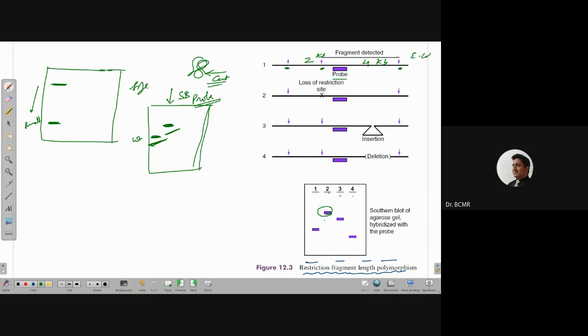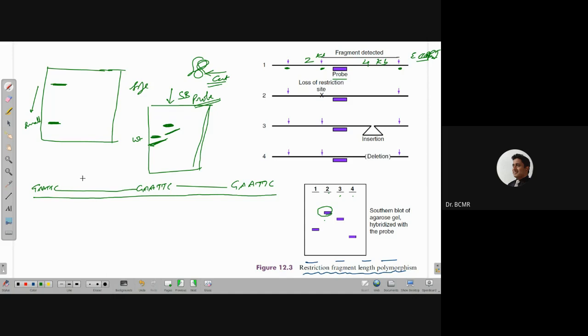In each case it is, say, EcoR1: GAA TTC, GAA TTC, and here is another one, GAA TTC. I'm not writing the complementary strand; assume that it is there.